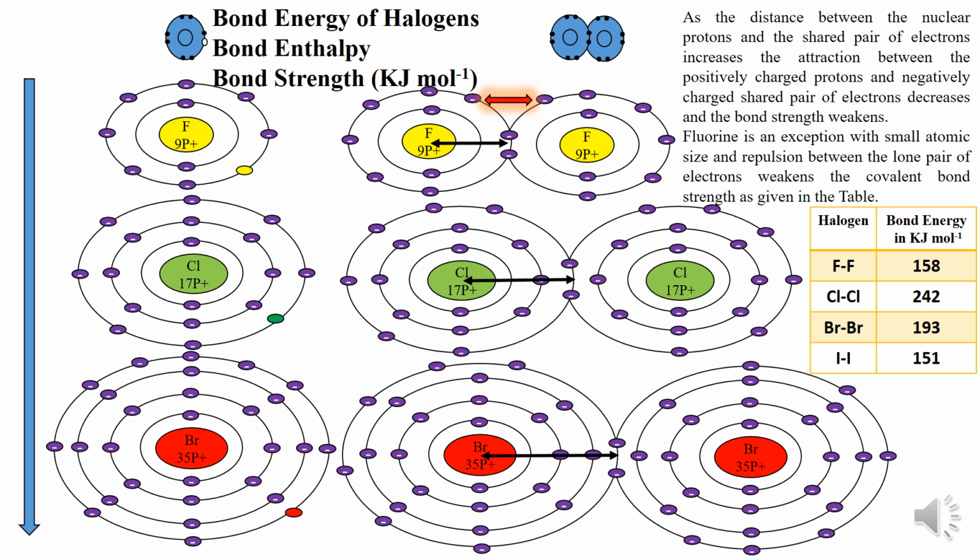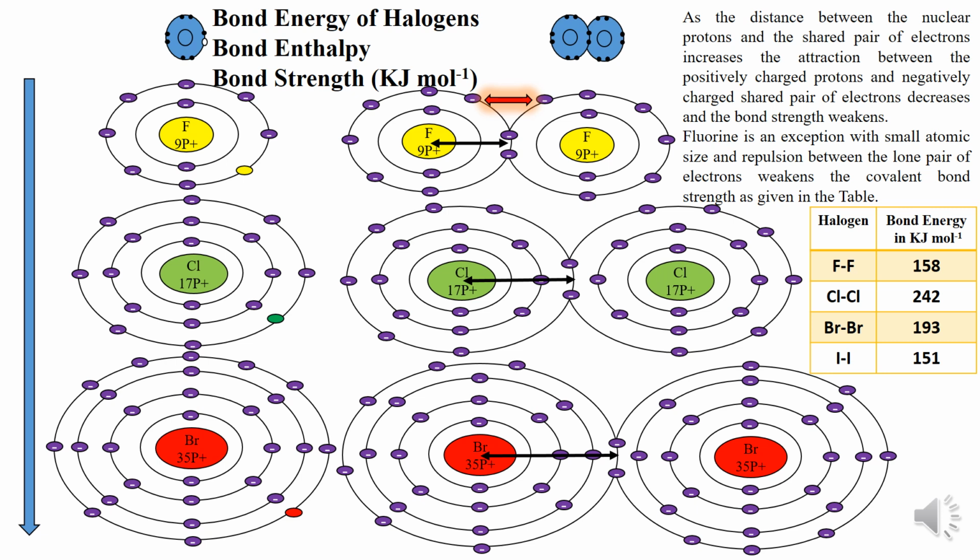Due to the smallest size of the fluorine atom, the lone pairs come in close proximity, and that leads to repulsion between the electrons. So you may ask, what about the other halogen atoms?